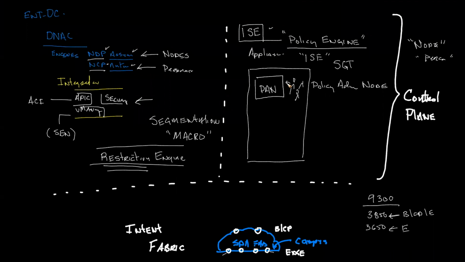In other words, what we're going to do is we're going to log into the DNAC. I'm sorry, we're going to log into the ISE engine. And what we're going to do is we're actually going to implement what I'm going to call my security grid. And the security grid is going to take a list of objects and a list of additional objects.